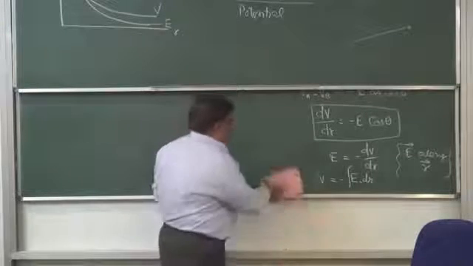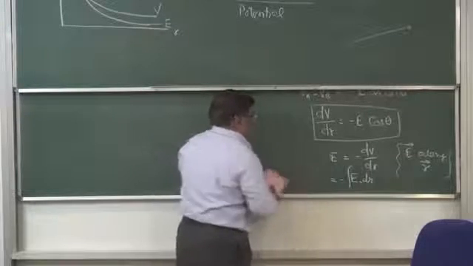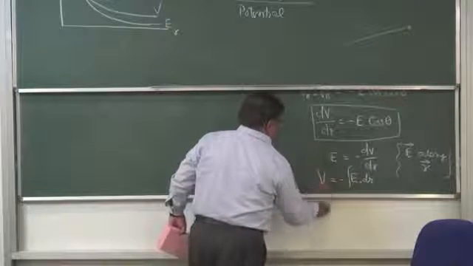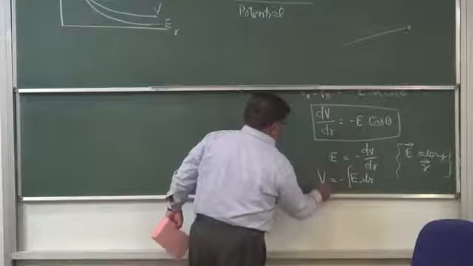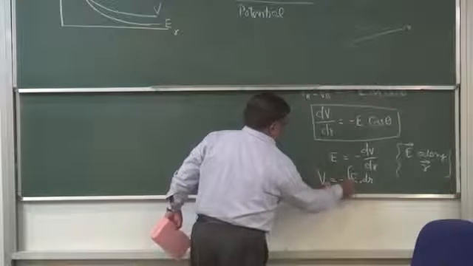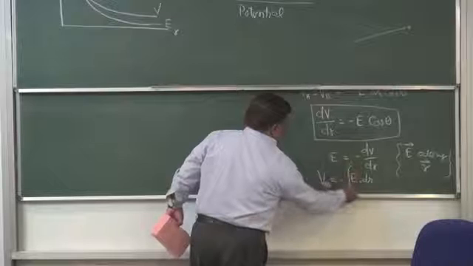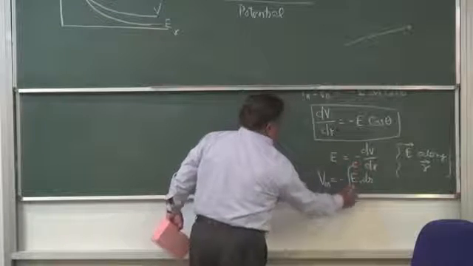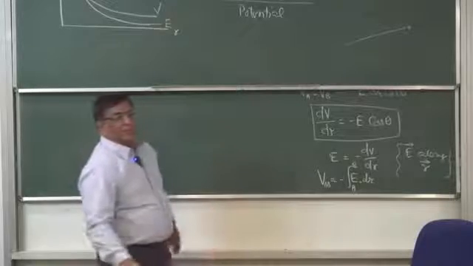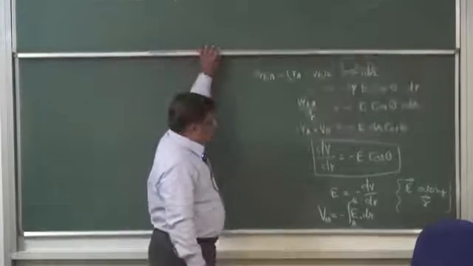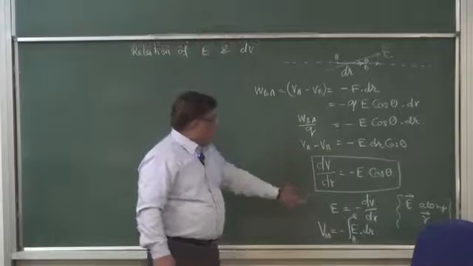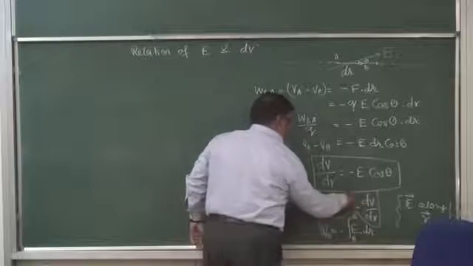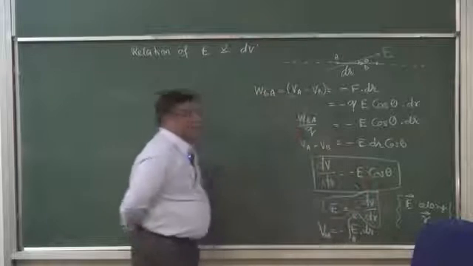So the formula for potential difference with reference to E, this is the potential difference A to B, is the integration from A to B. So this is the main formula you must remember. E is equal to minus dV by dr.